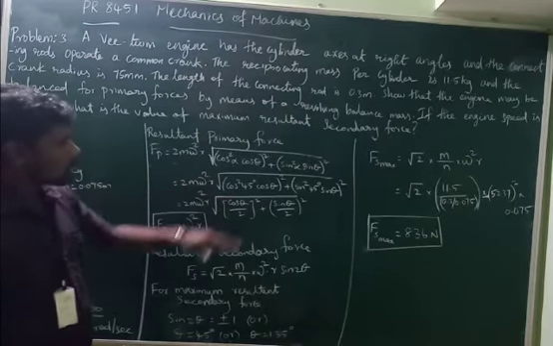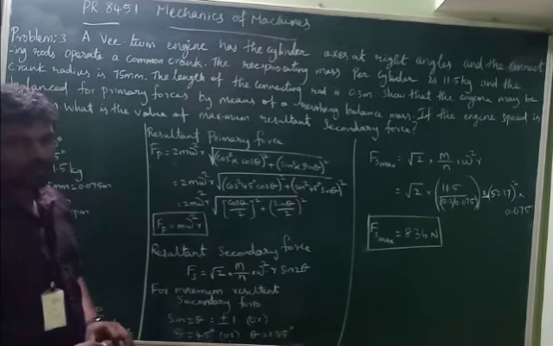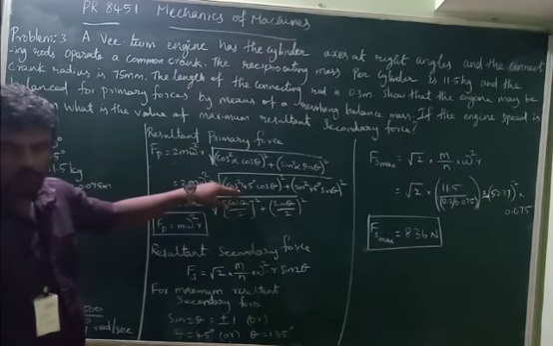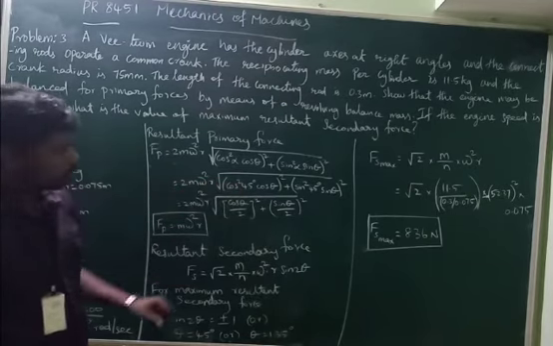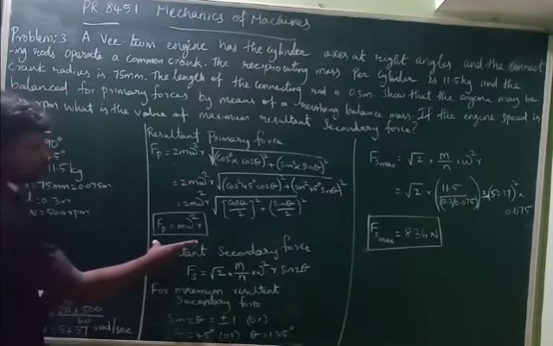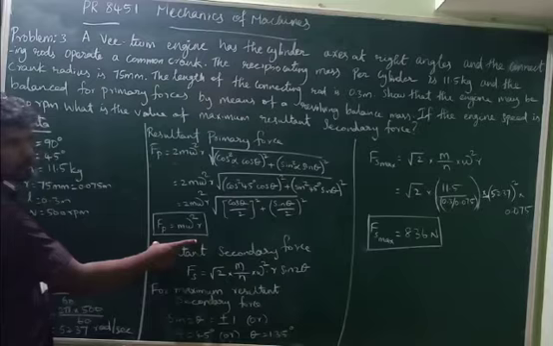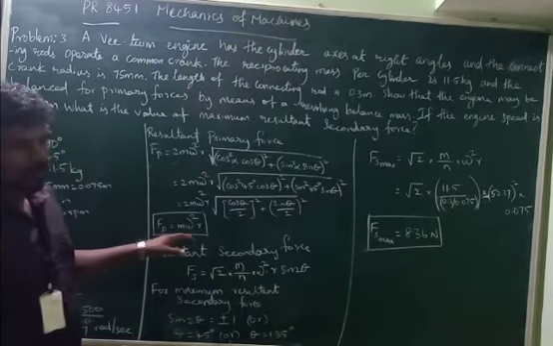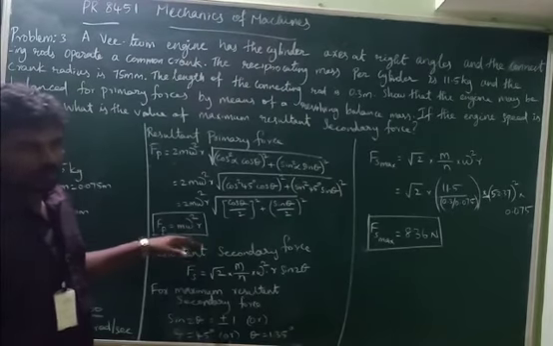Right? What's the value of cos square 45? Cos square 45 value will be 1 by 2. So we can substitute the value here. Finally, we got the primary resultant force value, which will be m omega square r. We know all the values, right?